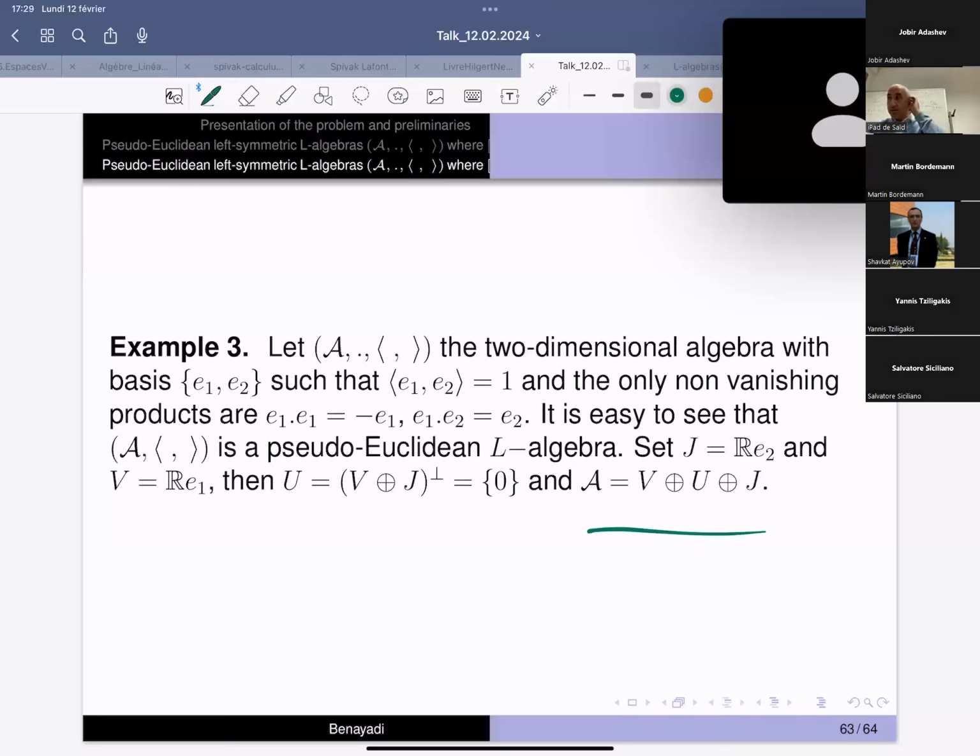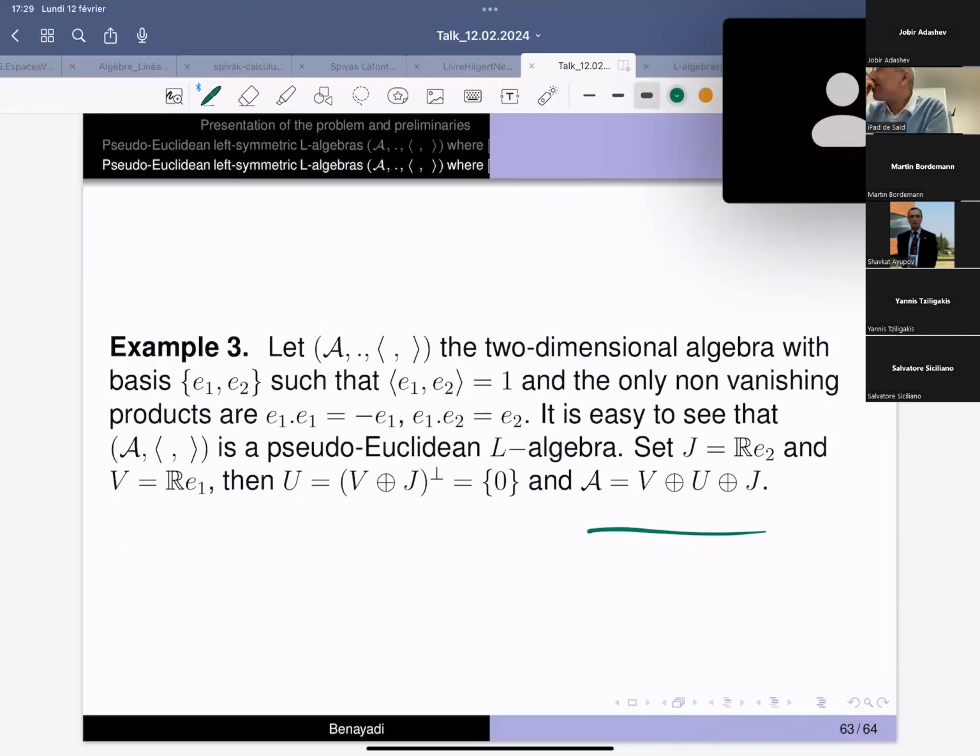But I think we can ask for dimension 8. What about a classification of left pseudo-Euclidean left-symmetric algebras?